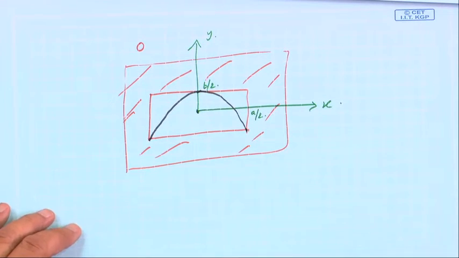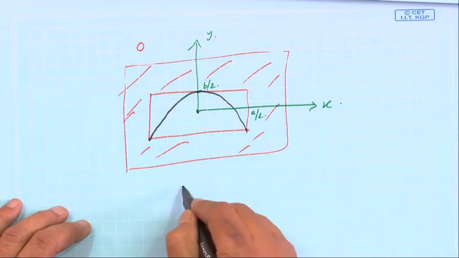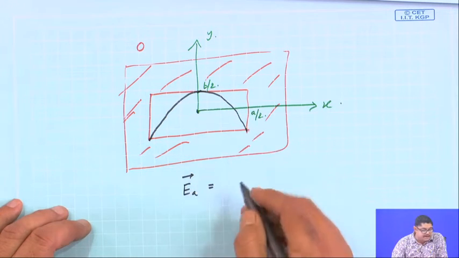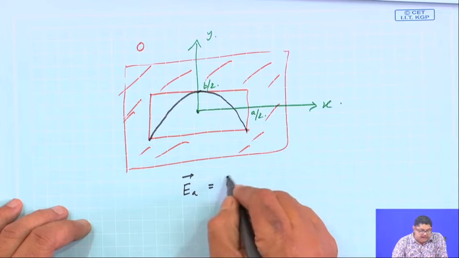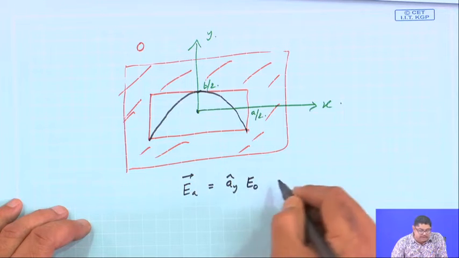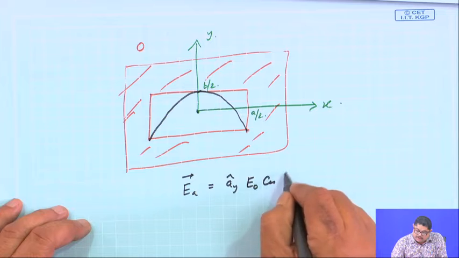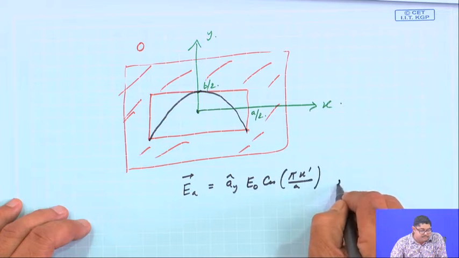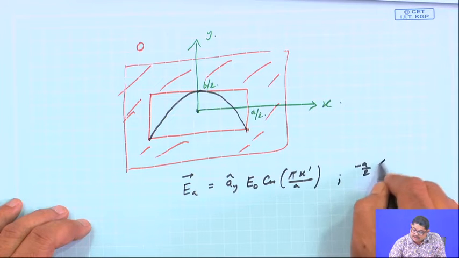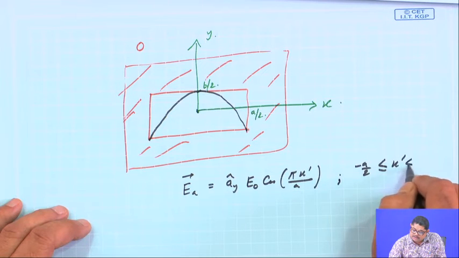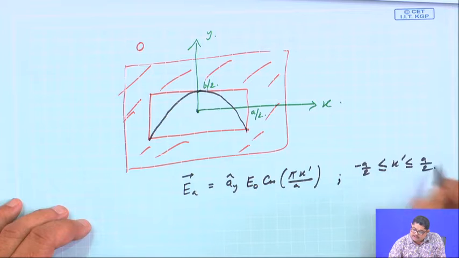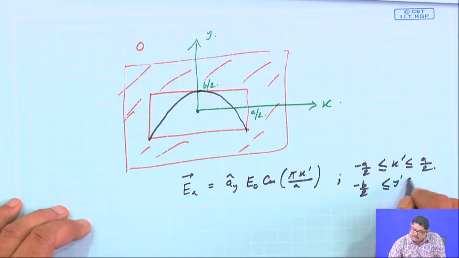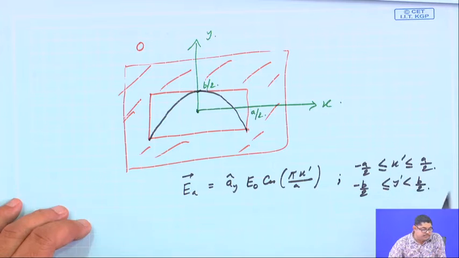We assume that the aperture field E_A is y directed and has that T10 mode pattern, cos(pi x'/a) for minus a by 2 less than x' less than a by 2, and minus b by 2 less than y' less than b by 2.